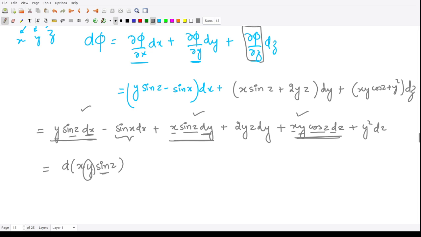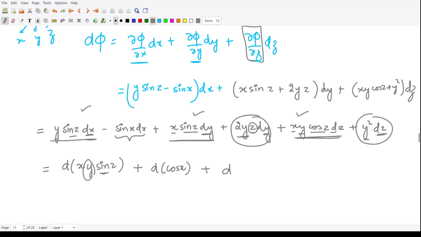Okay, so now we have to look for other terms. This term could be written as the complete derivative of cos x, because when you differentiate cos x, it would be minus sin x into dx. And for these two terms over here, in one the derivative for z has been performed, with y square as such, and here the derivative for y has been performed, with z kept as such.